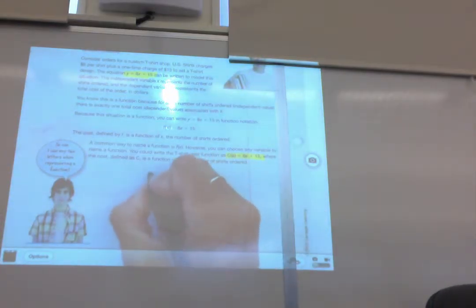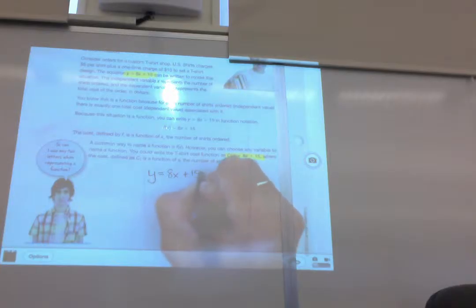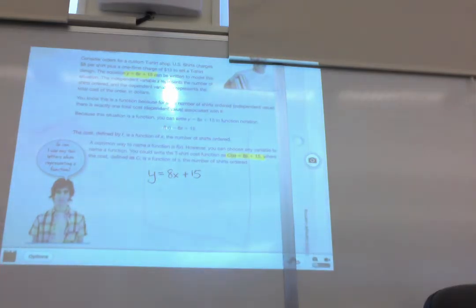One way you've seen this relationship in the past is y equals. They said it was 8x plus 15. Another way to represent in an equation form, something we might find on a graph, is we replace the y with f of x. You can only do that when it's a function, when it's one of those special categories of graphs where we could put that vertical line through.